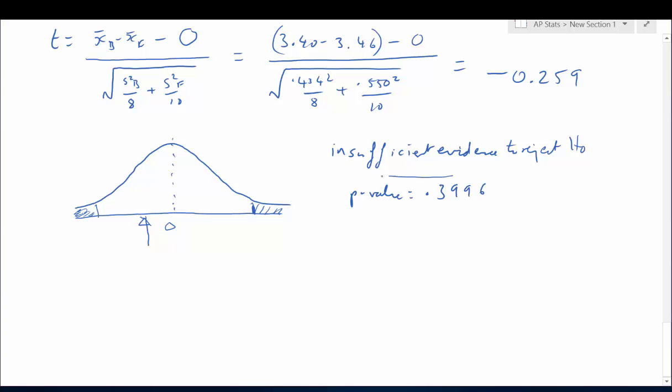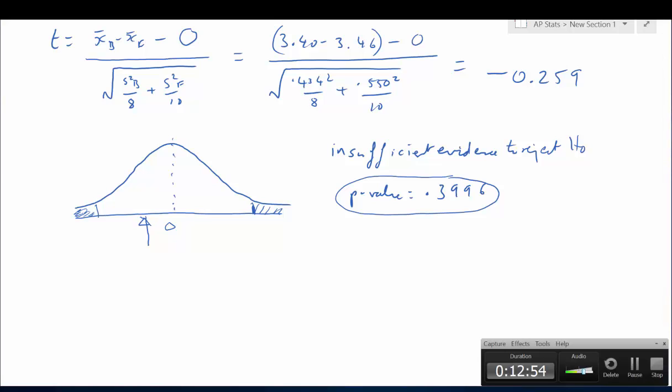A p-value of 0.3996, basically 40%, says the probability of getting an observed difference further away from 0 than what we have as a natural consequence of the null hypothesis actually being true is 40%. 40% of the time we would have observed differences more extreme than what we have, when in fact there was no real difference. So, the sample data do not provide convincing evidence to conclude that the mean length of the adult fish of the species from Fish Friends is any different than the mean length of the adult fish of the same species from Bayreuth.